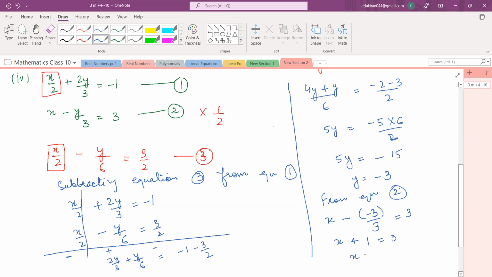So x is 3 minus 1, which is 2. Fine. When you're finding x, you can substitute in any equation, 1, 2, 3, wherever you will get the value of x.